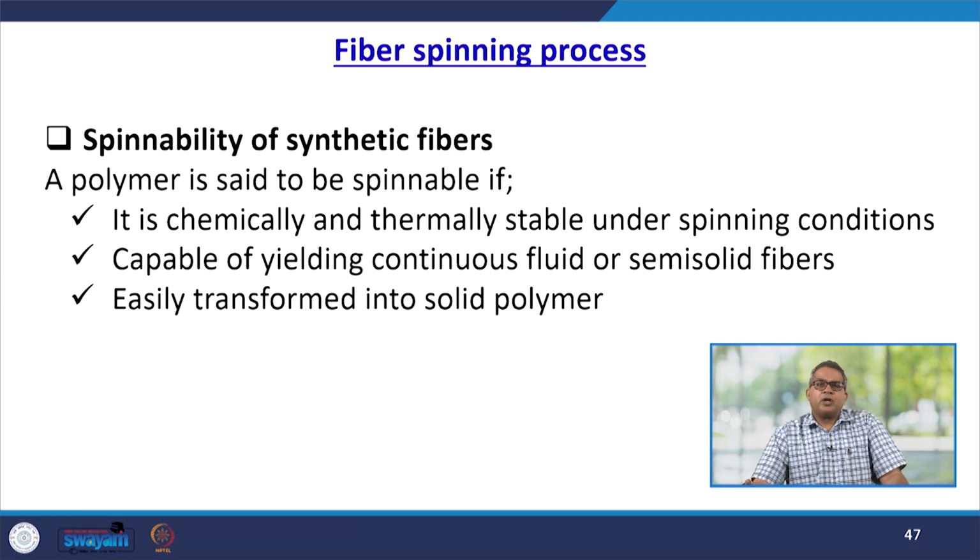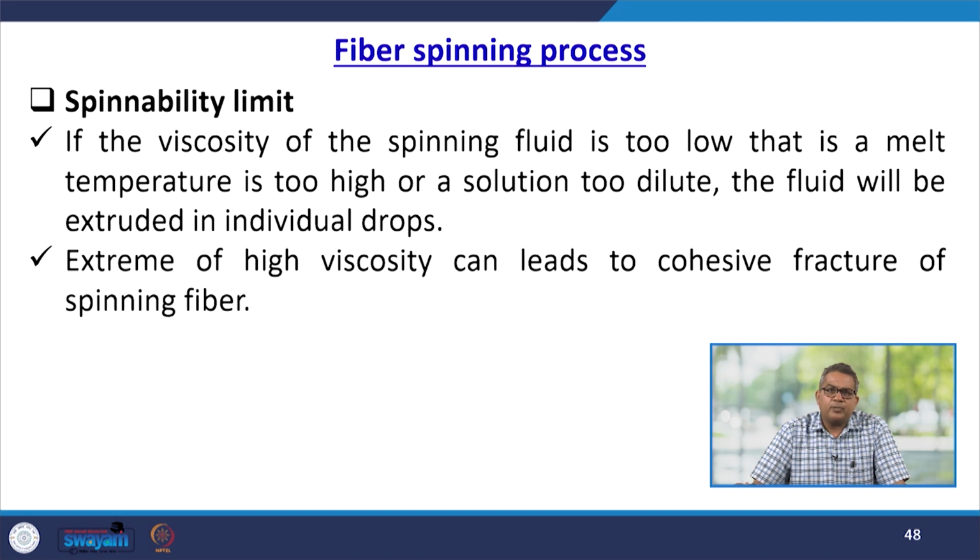Now let's talk about the spinnability of the synthetic fiber. A polymer is said to be spinnable if it is chemically and thermally stable under the spinning conditions, capable of yielding continuous fluid or semi-solid fibers, easily transformed into solid polymers. Now there is a spinnability limit. If the viscosity of the spinning fluid is too low, that is, the melt temperature is too high or the solution too dilute, the fluid will be extruded in individual drops.